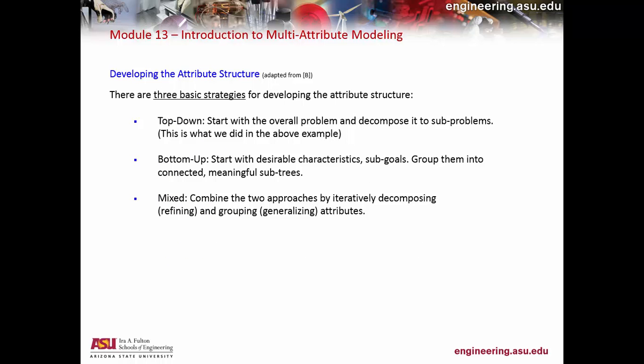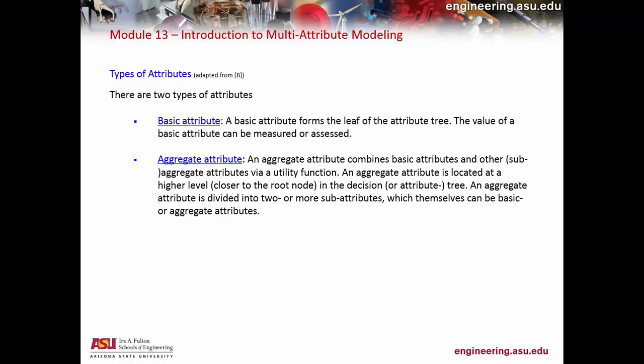Excuse me. I skipped over one slide I probably shouldn't have, and that's that there are two strategies to go about this. Again, it's top-down, bottoms-up, or mixed. Top-down means you look at the overall problem and then see how it breaks up. Or you start with the characteristics and put it together and see how they're connected. There's also a mixed approach.